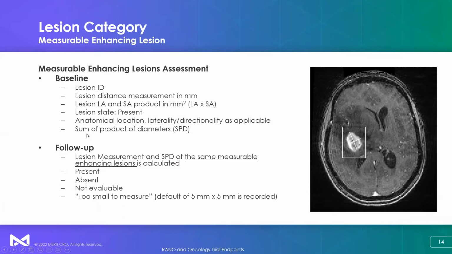And then we'll be calculating the sum of the product of the diameters. Upon follow-up, we'll be measuring exactly the same way for all the measurable enhancing lesions that we marked at the baseline, and then calculating the SPD as well. And then any lesion state of present, absent, or not available or too small to measure could be an option.